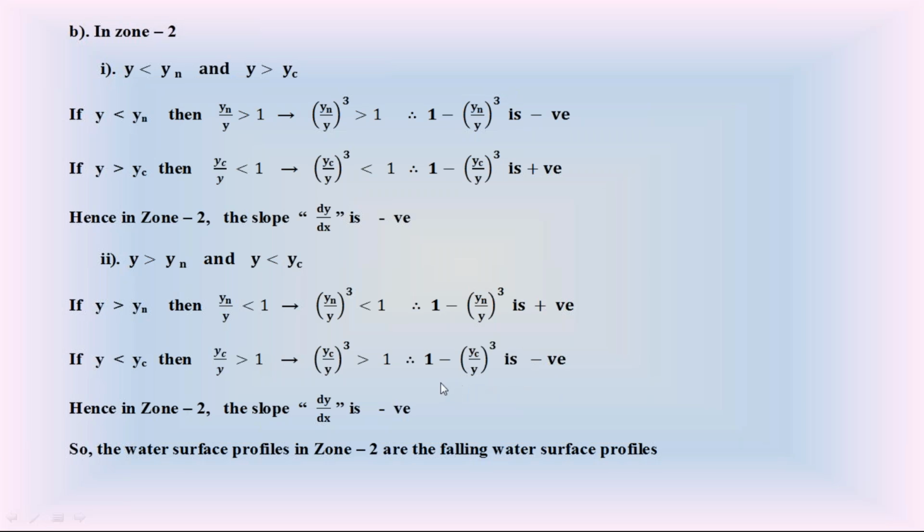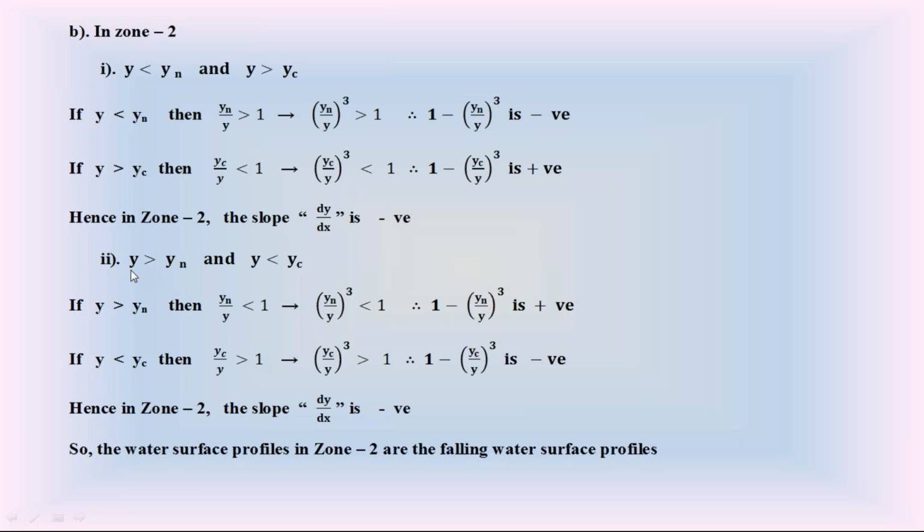So here the numerator is positive, but the denominator is negative, so in this condition also the slope dy by dx is negative.